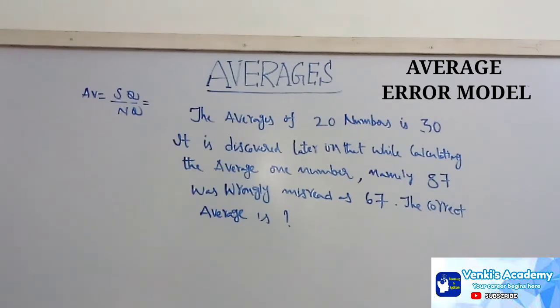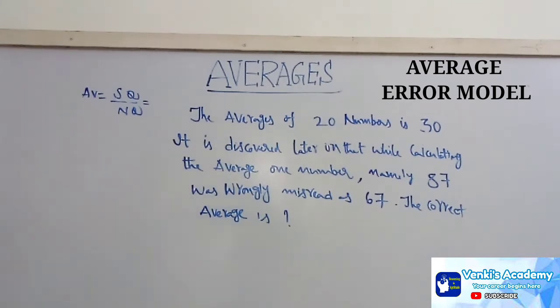One thing: to do this type of problem, first you should know the technical difference between value and average. What is the meaning of value? Value means each single number. If you express one quantity, that is called value. If you express more than one quantity, we express it as an average.